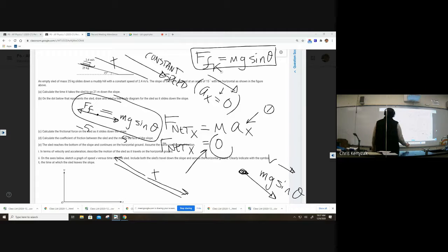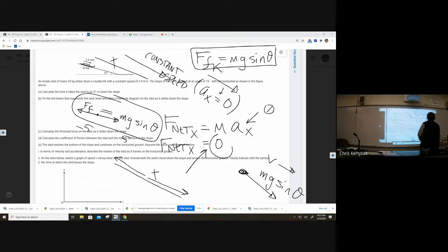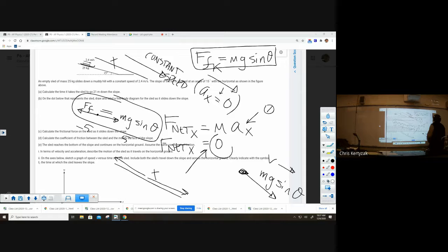And so we also know that there's an equation for the kinetic friction force. I'm going to erase that now.